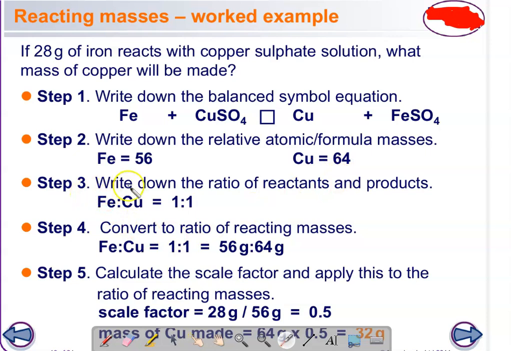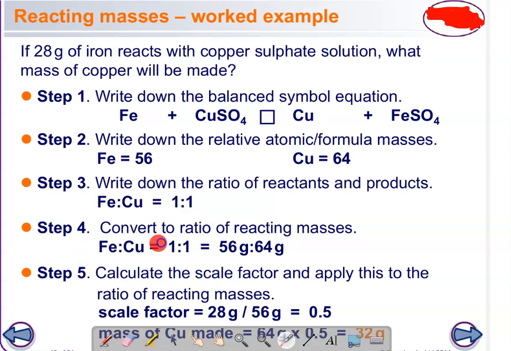Step 3, write down the ratio of reactants and products. Let's go to our equation. What is the ratio of the reactant to the product? We have 1 mole of iron and 1 mole of copper. The ratio is 1:1. So let's put that down. Fe is to Cu equals 1:1.